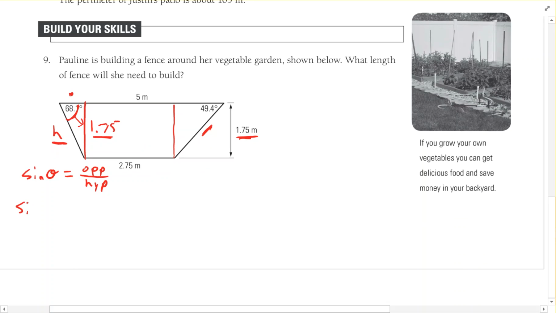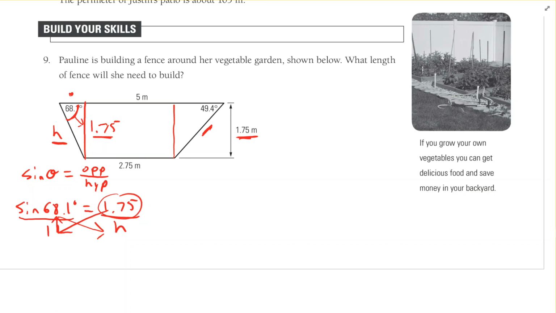Then just fill in what we know. Sine of 68.1 degrees is equal to, the opposite is 1.75, and the hypotenuse is what we're looking for, so let's leave that as h. Write that over 1 if you want, and then we're going to go this times 1 divided by that is equal to that. If you do that, you should be able to figure out what h is.